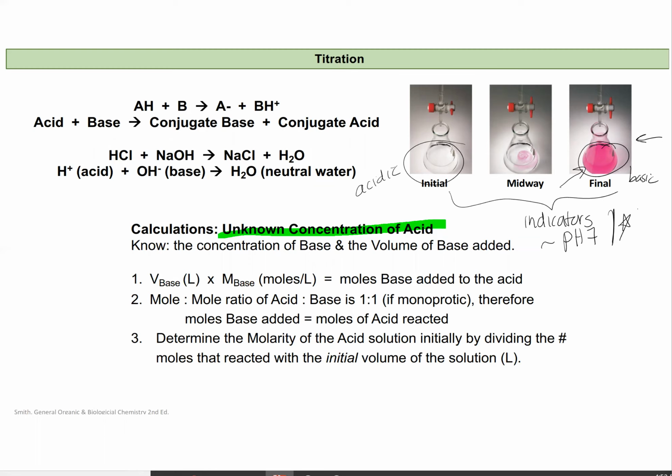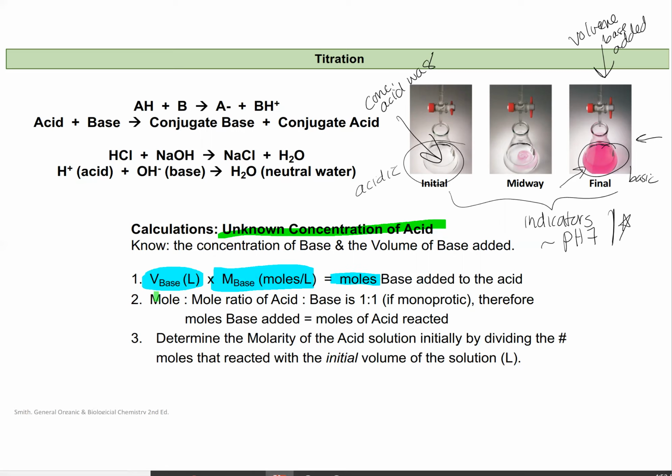And that allows us to use the volume of base added to calculate what that original concentration of acid was. And when we do that, if we know the concentration of our base, and then we learn experimentally what volume of base was required to neutralize our acid, we can calculate the number of moles.